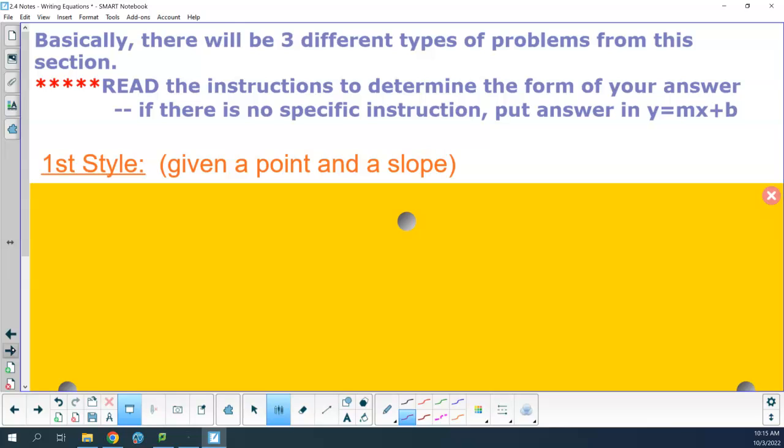So the first style of problem that you will see in this section is going to be, you're going to be given a point that's on the line and the slope of the line.